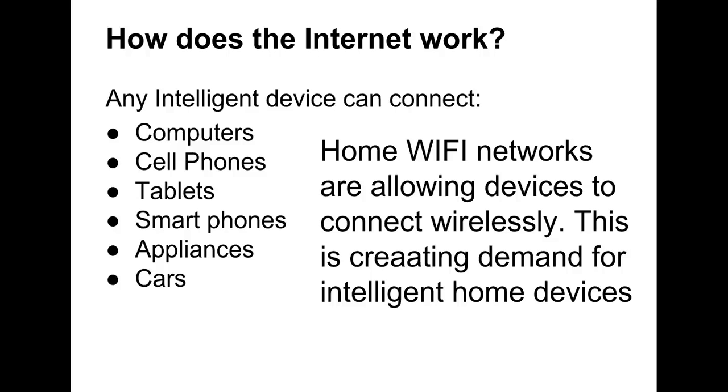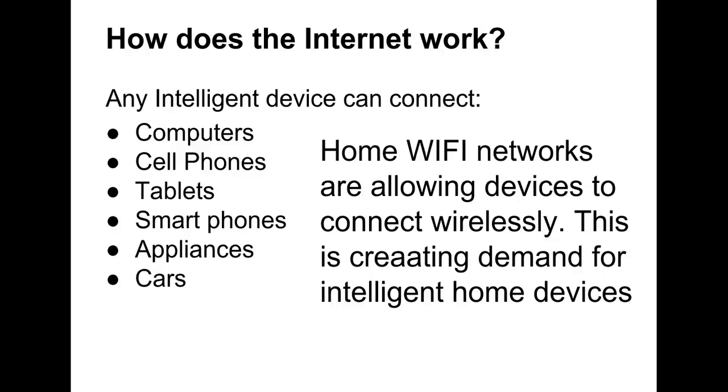Next, how does the internet work? Well, any intelligent device, as we said earlier, can connect to the internet. Home networks are allowing devices to connect wirelessly, and this is creating demand for intelligent home devices, this Internet of Things that we talked about.